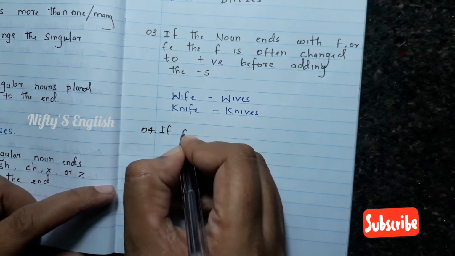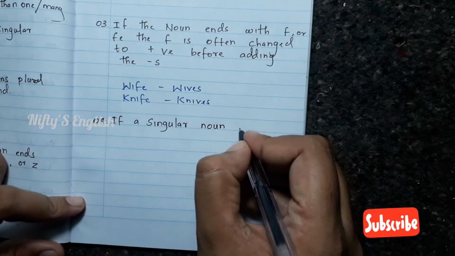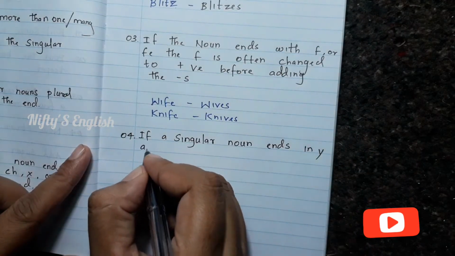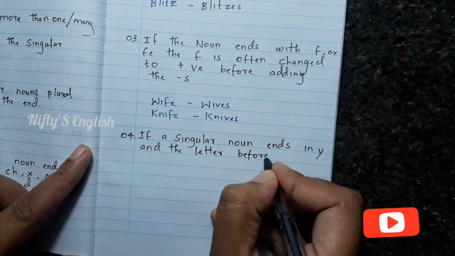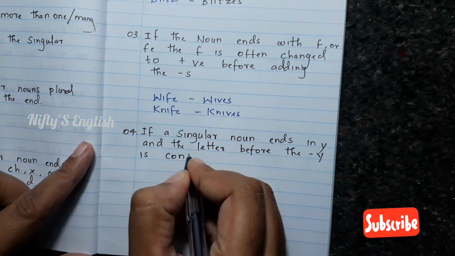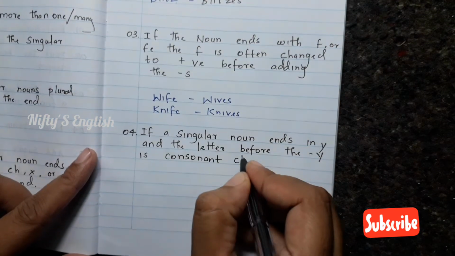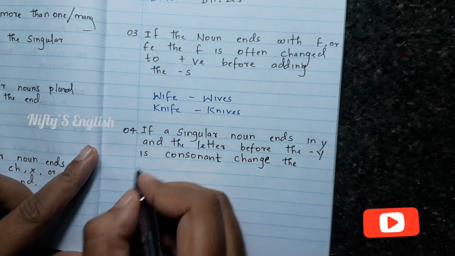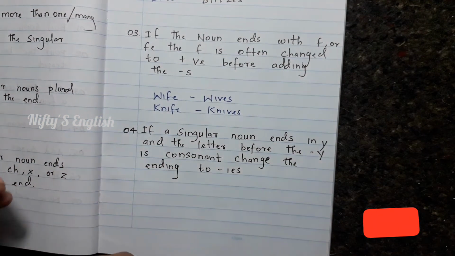Fourth one is if a singular noun ends in y and the letter before the y is a consonant, change the ending to ies.